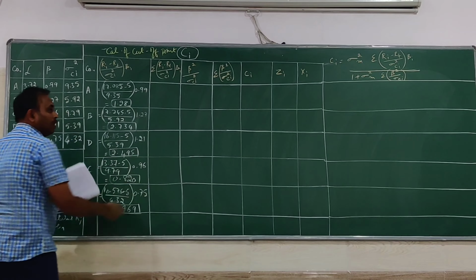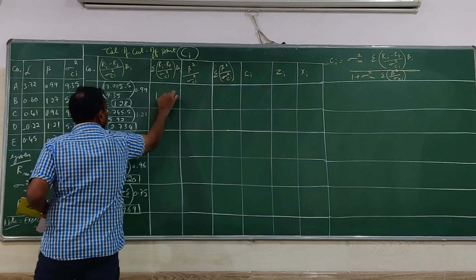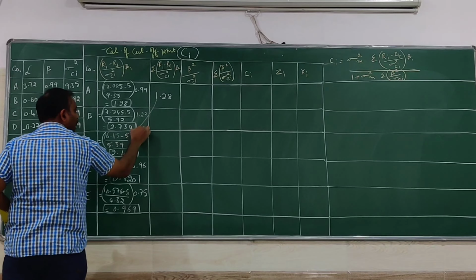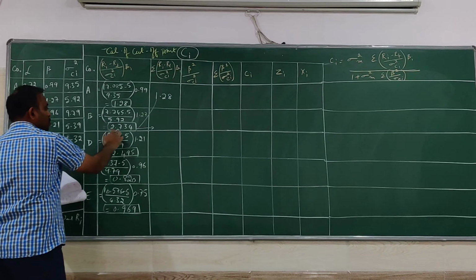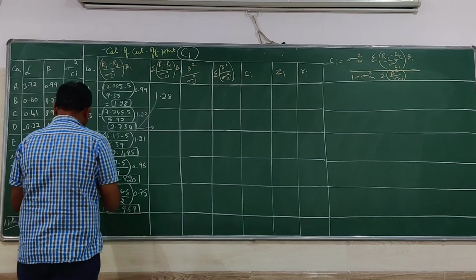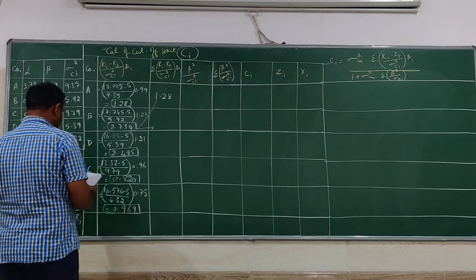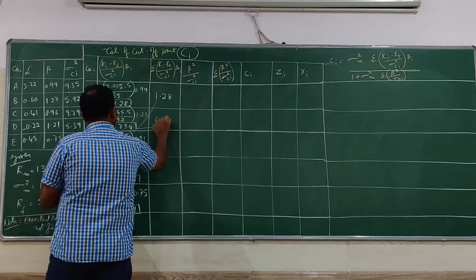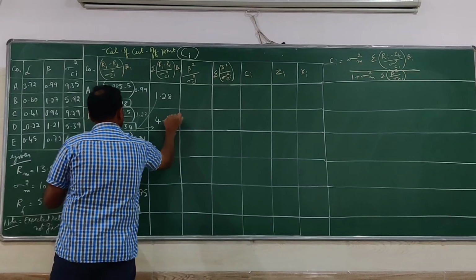That is nothing but cumulative frequency kind of a thing. So 1.28 as it is. So 1.28, we have to add this and take it here. 1.28 plus 2.734. So here we are going to get 4.02.